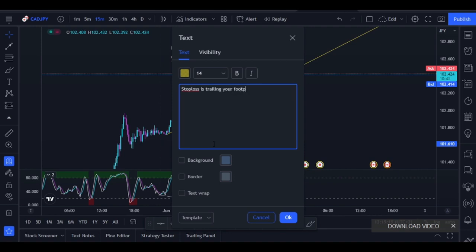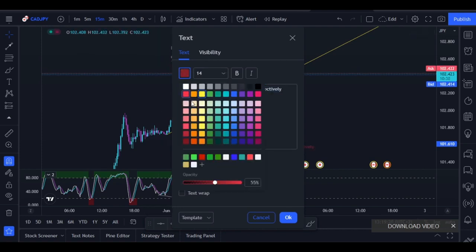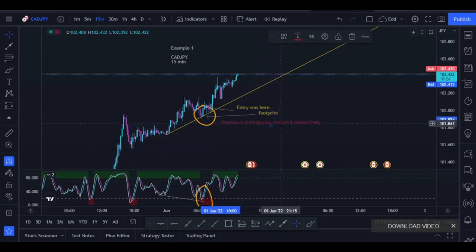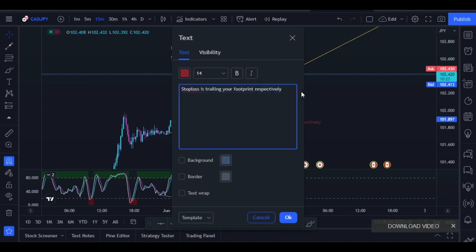You just draw your stop according to the footprint. Let's make this red so it stands out.